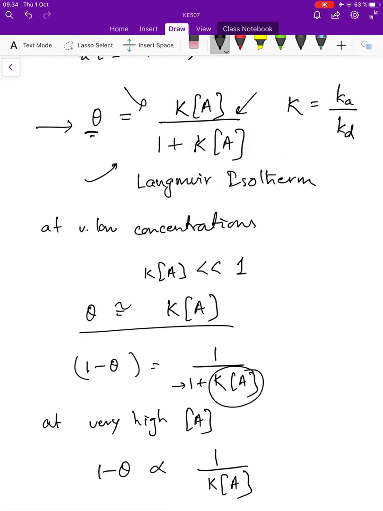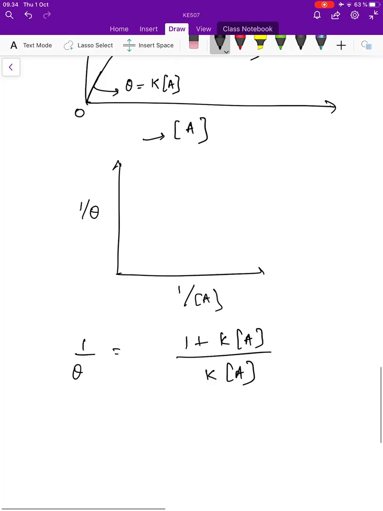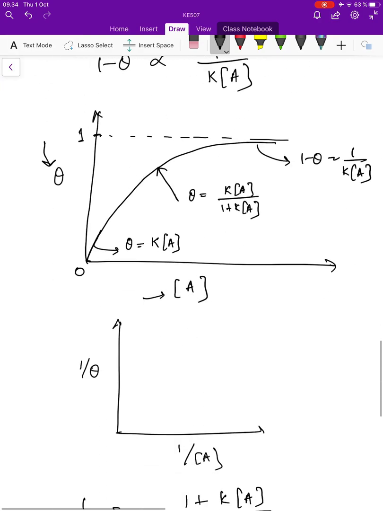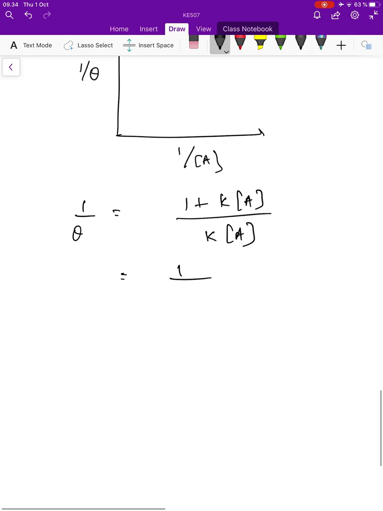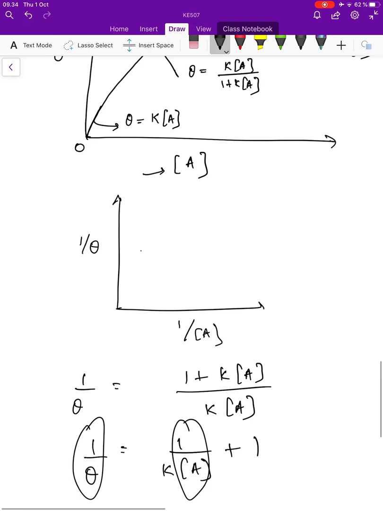If you look at this equation here, what you will get is 1 by theta equals 1 plus K times the concentration of A divided by K times the concentration of A, and this is equal to 1 by K times the concentration of A plus 1. So if an adsorption process follows the Langmuir isotherm, the plot of 1 by theta versus 1 by A must be a straight line. So it should look something like this. And the slope of this line will be equal to 1 divided by K.